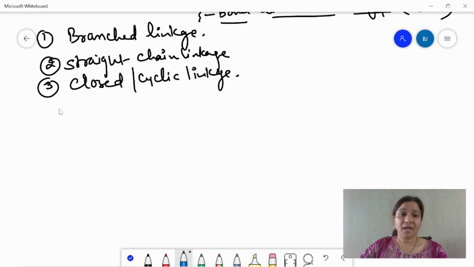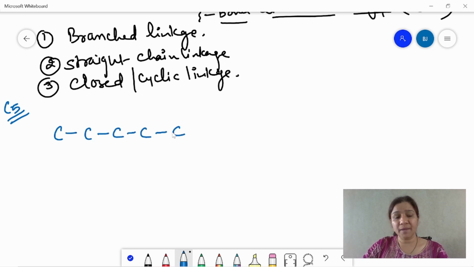Suppose I give you 5 carbons and tell you to attach them, arrange them, and make a chain. What are the possibilities? You can connect the 5 carbons in this way, or arrange them in this way, or in this way.